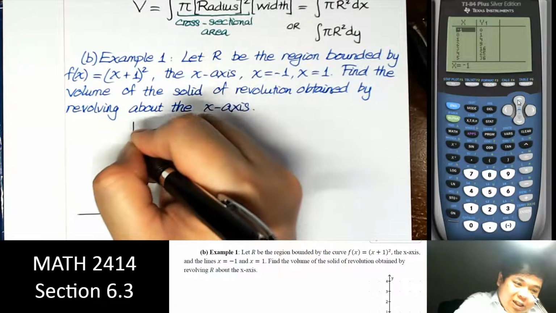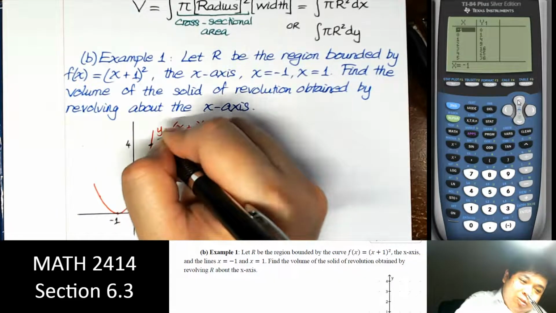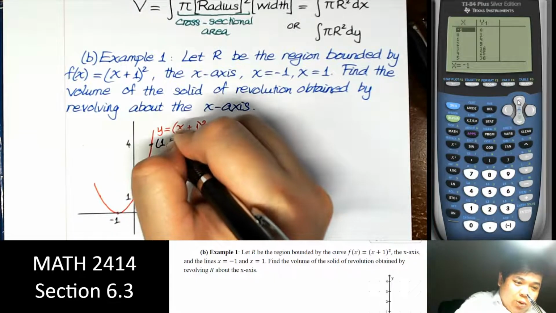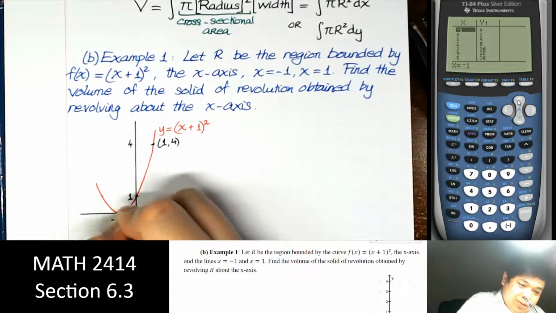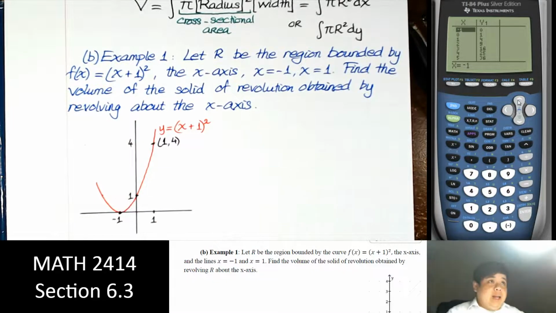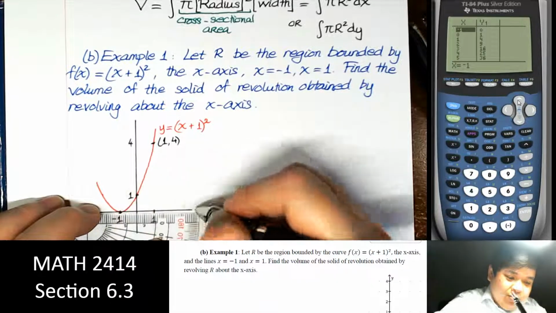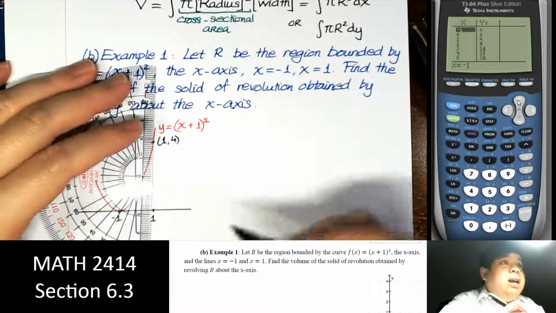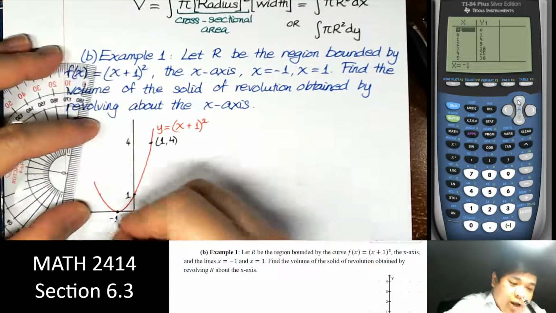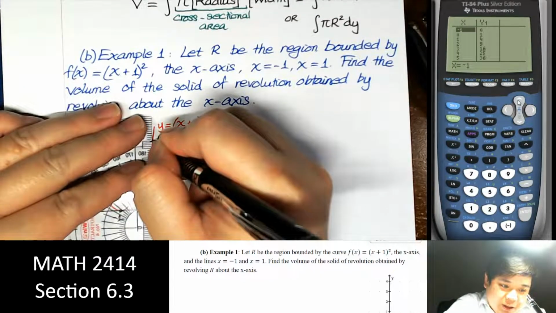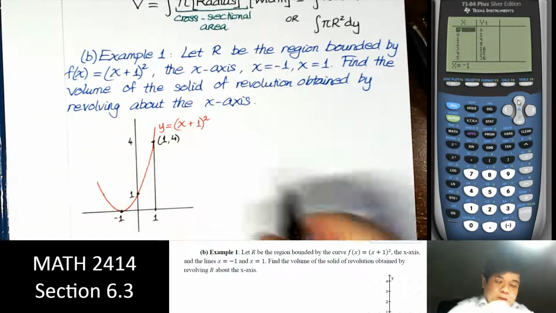Sorry. I should at least show that at some point. And this region is bounded by the curve and the x-axis, y equals 0, and also from negative 1 to 1. So this is the region R.